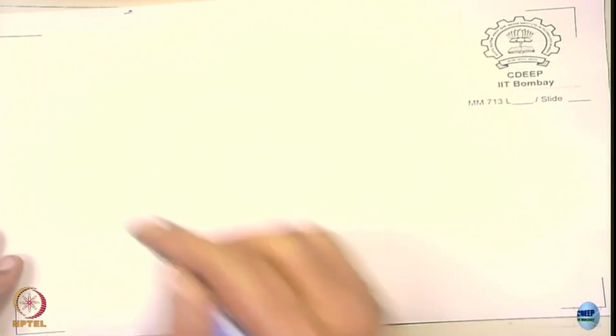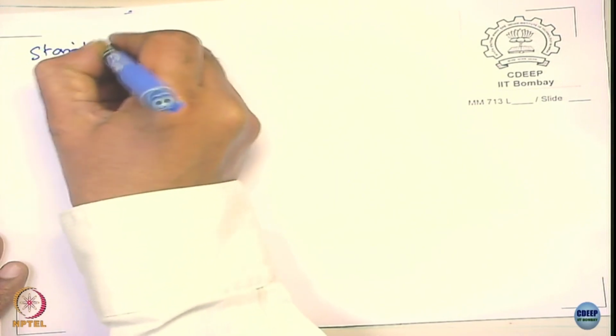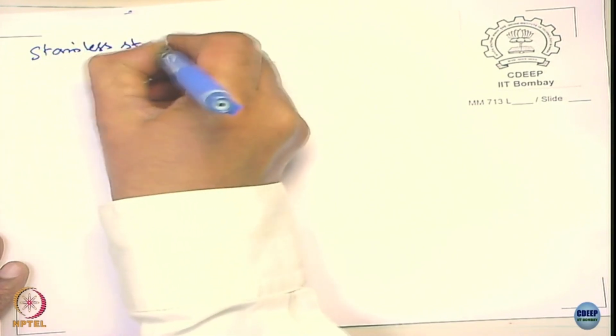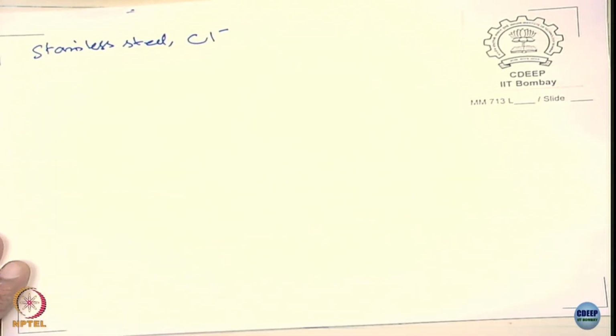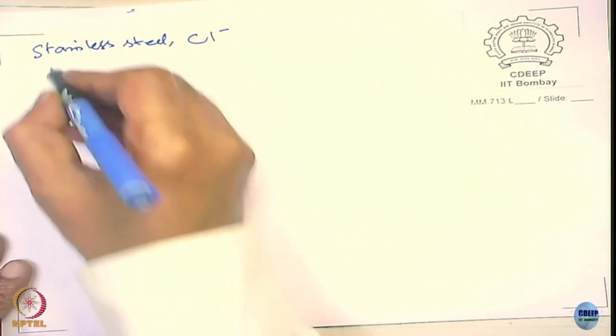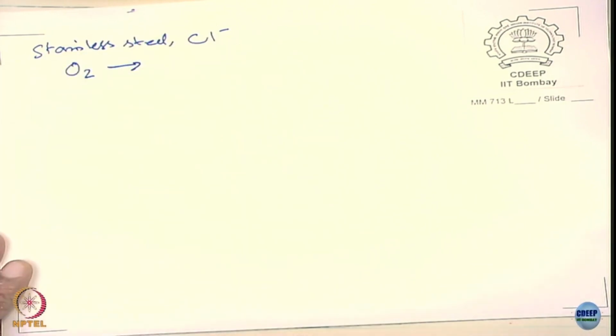So you take a stainless steel. What does chloride do? The chloride disrupts. What does oxygen do? Oxygen will take the potential towards a higher noble potential, right?